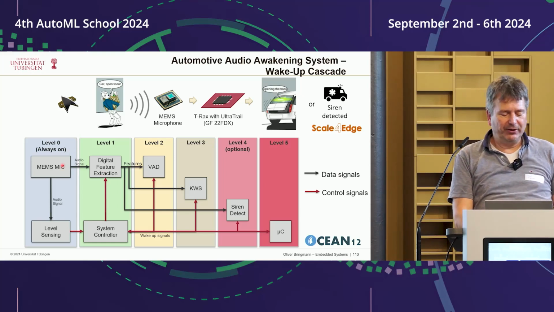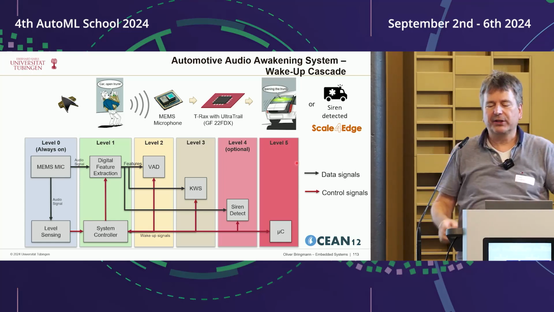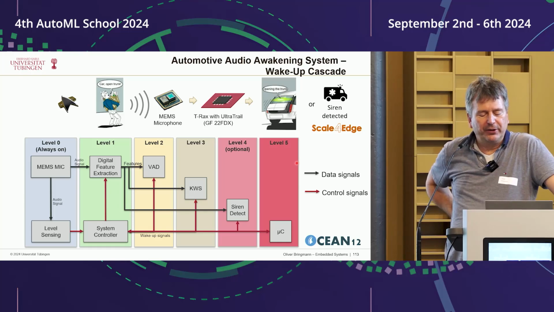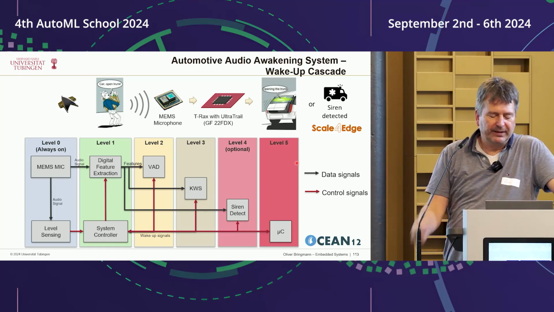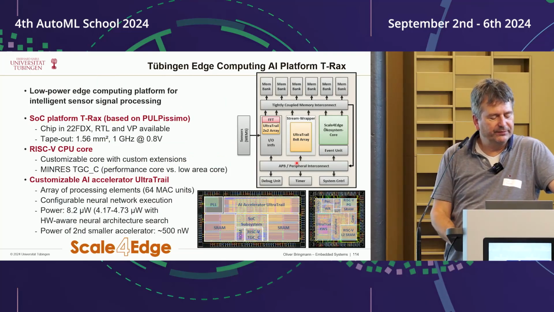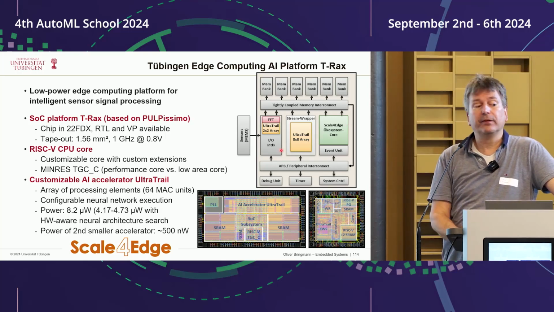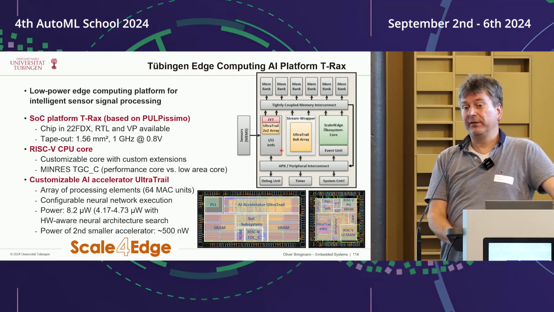Here you have the always-on unit, level 1, level 2, 3, 4, and at the end the CPU, which can communicate with the rest of the vehicle. That was a tape-out of the architecture that was chosen. The processor itself could be executed at 1 gigahertz, but the accelerator itself was executed at just 250 kilohertz.